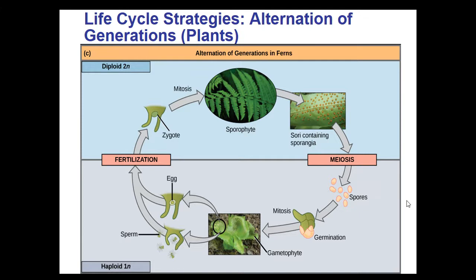So there's this extra step in the life cycle of a plant. In animals like us, we are diploid adults, kind of like this, except instead of having this whole extra generation, we just go right from, by meiosis, we produce sperm and egg, and then we're back to the diploid fertilized egg. We skip over this haploid generation.